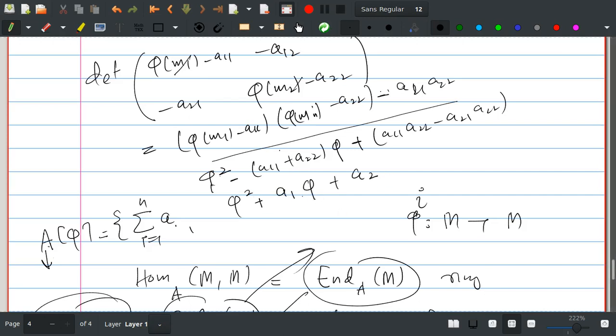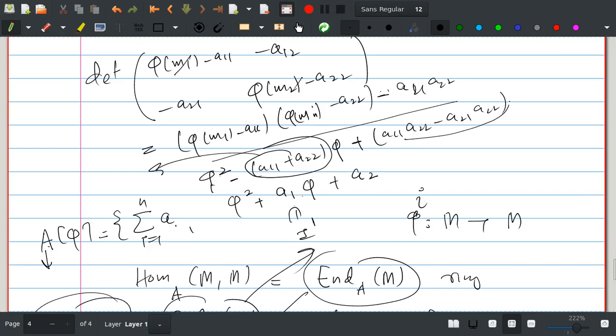Now this a1 is the sum of two elements of I, so this element is in I. In particular, this element is in I to the power 1, and a2 is a sum of products of two elements of I, so this element is actually an element of I to the power 2.